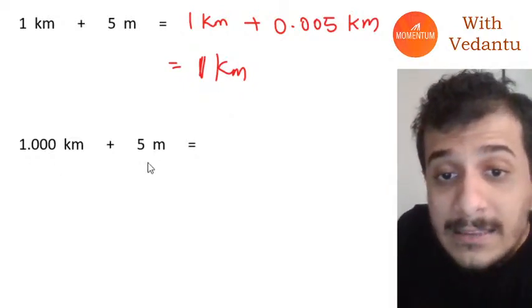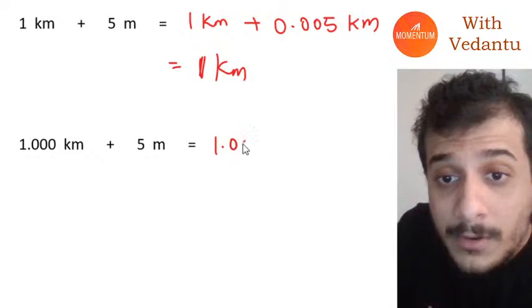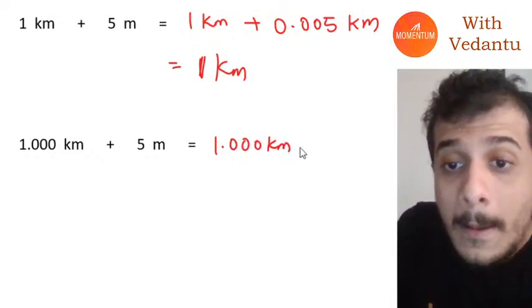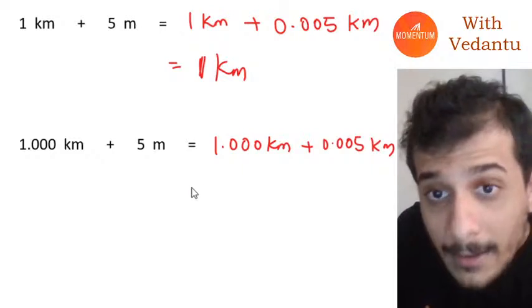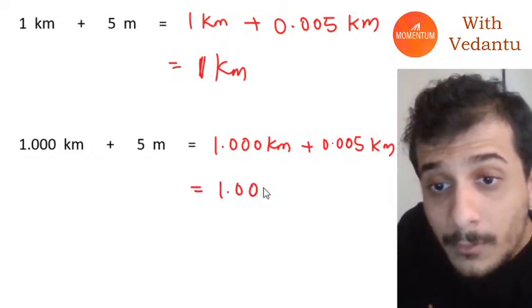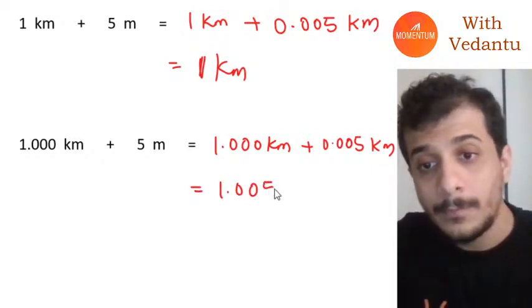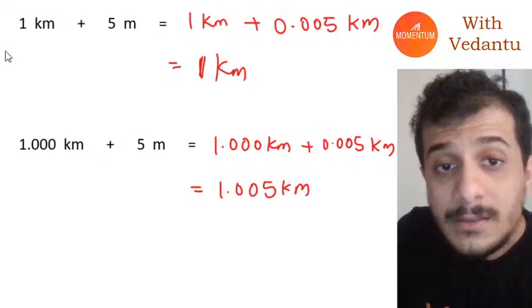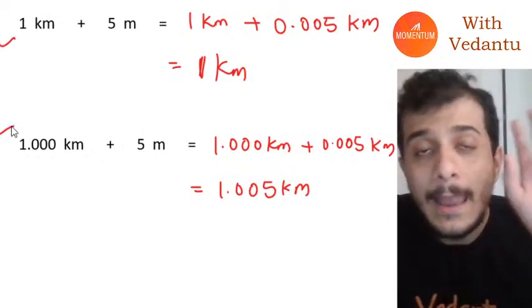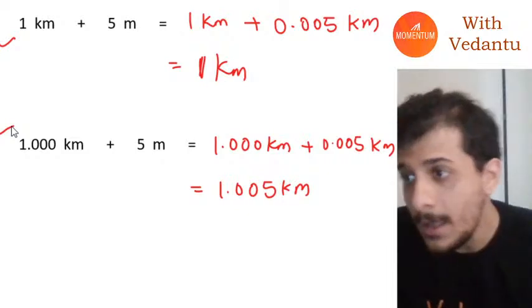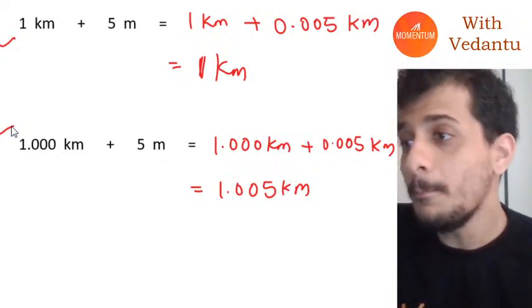But if you write the numbers as 1.000 kilometers plus 0.005 kilometers, that will actually be 1.005 kilometers. Understand the difference, guys. You have to look at the number of decimal places.